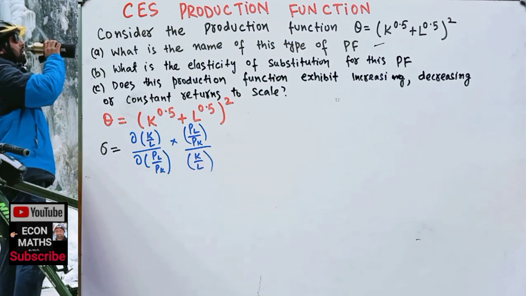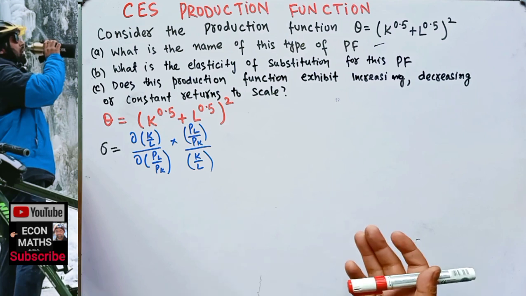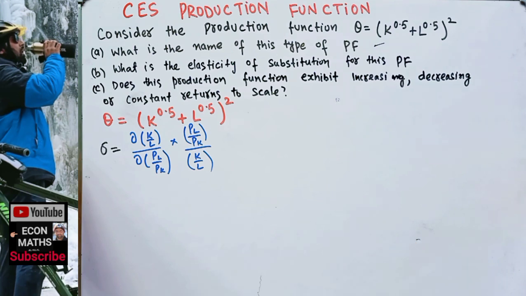This is the formula for elasticity of substitution. About the constant elasticity substitution production function, I have explained it in detail in other videos. You can check out those videos in the playlist.